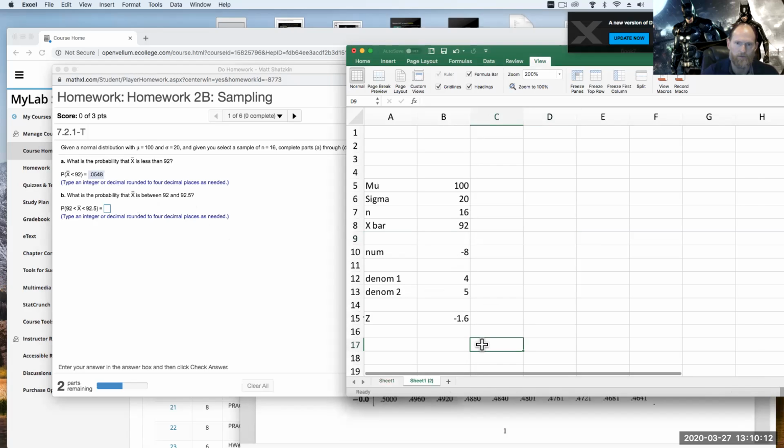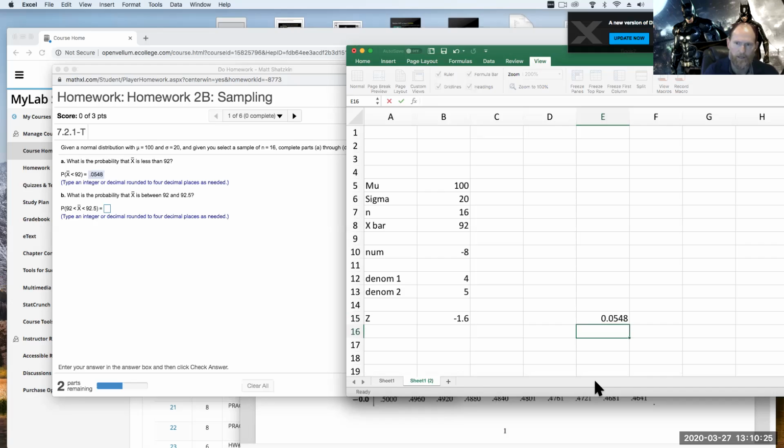All right. And so what was that? What did I put up here? 0.0548. Just going to park that over here. And now my X bar, so I already have it for 92. I'm just going to write this. This is the probability for 92.